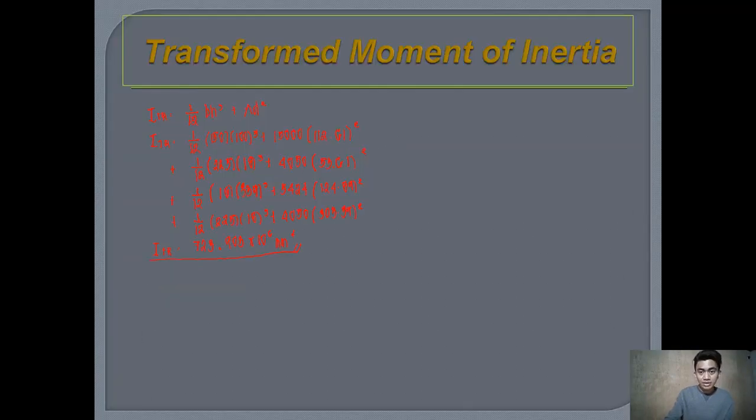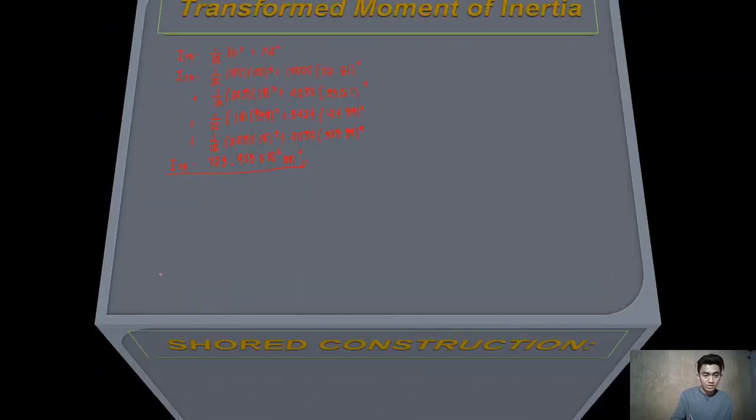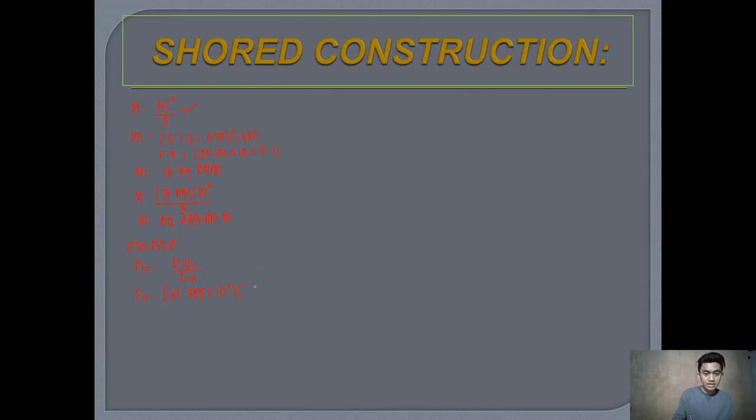The value for Y top here is 162.61 mm, divided by the transformed moment of inertia, which is equal to 723.903 times 10 raised to 6 millimeter raised to 4.